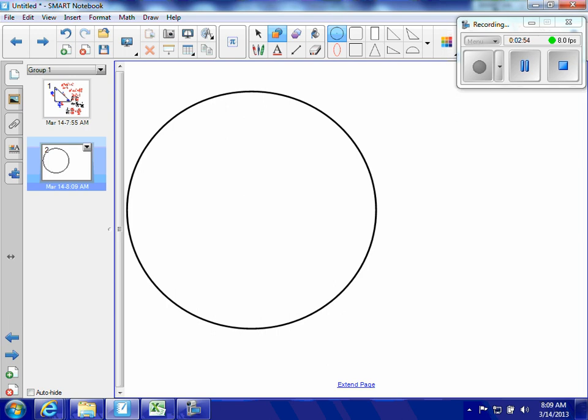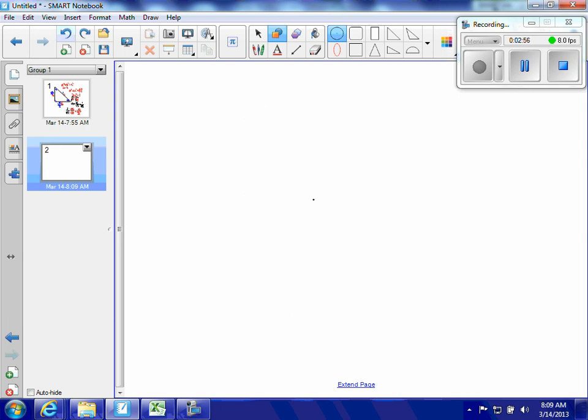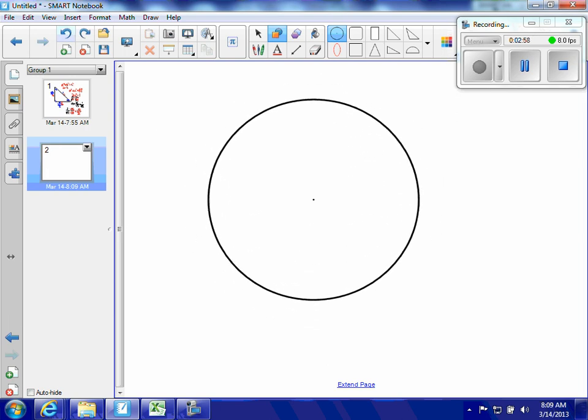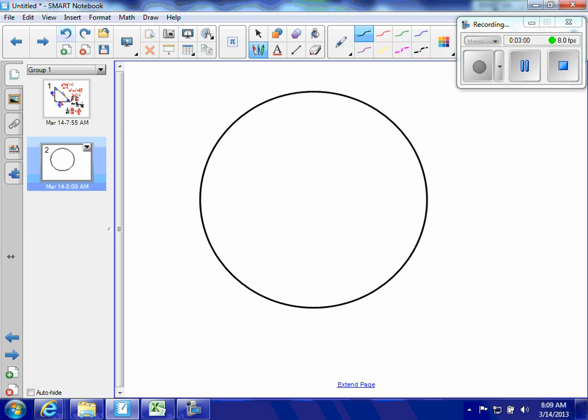So let's go back to our unit circle. Let's do it a little bit more over here towards the middle. That's a little better. Okay. So our unit circle, here's my radius, which is 1, and this is 0, and I go all the way around to here.